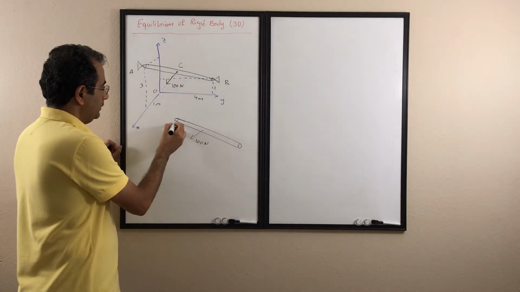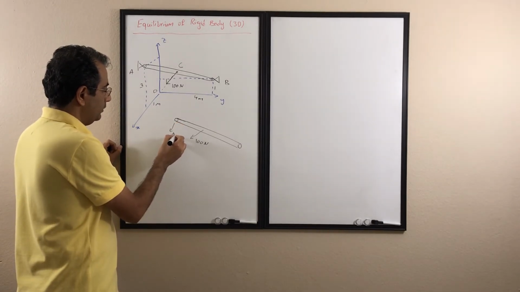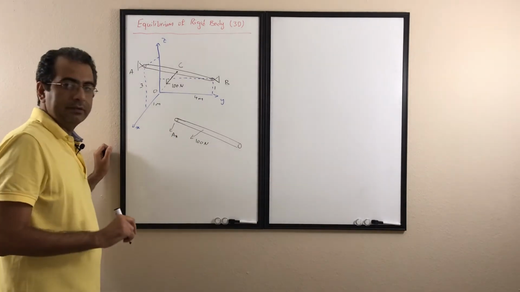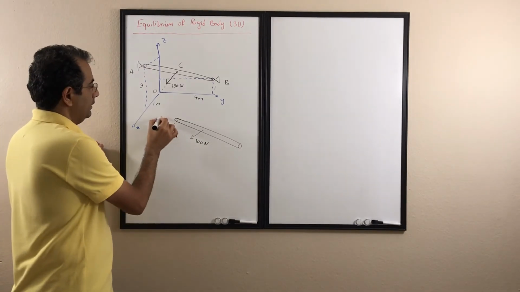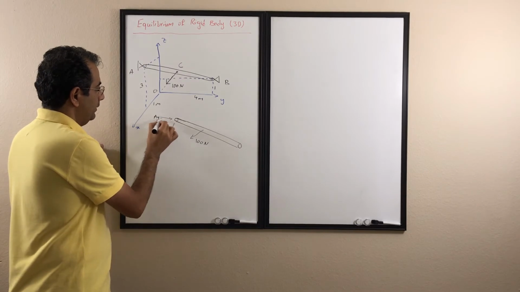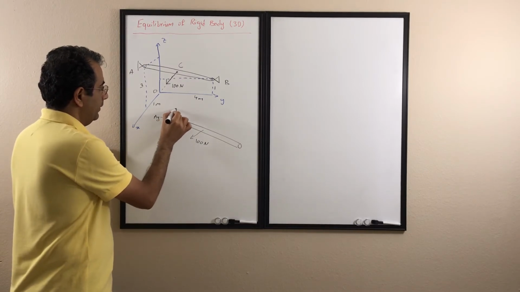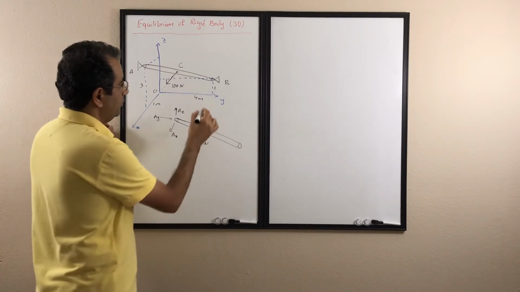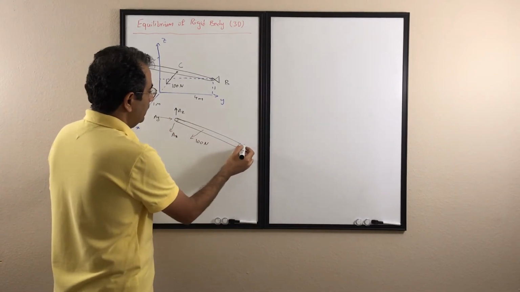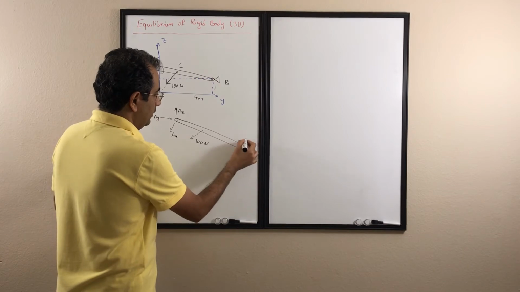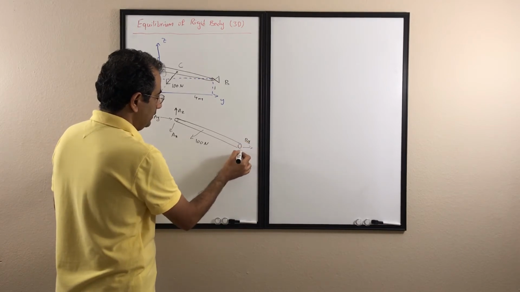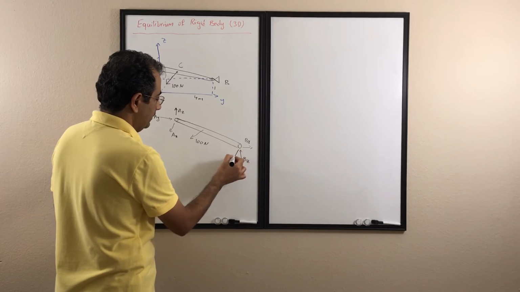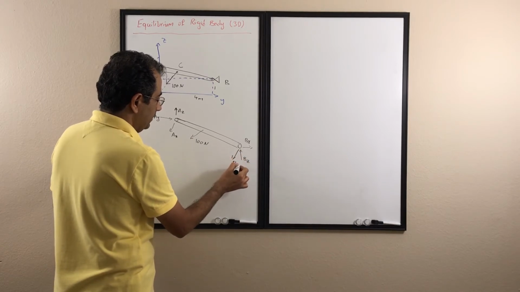So I'm going to assume I have a support reaction AX, and then I have reaction AY, and then reaction AZ for point A, and for point B, the same here. I have a reaction BY, I have reaction BZ, and I have a reaction BX.